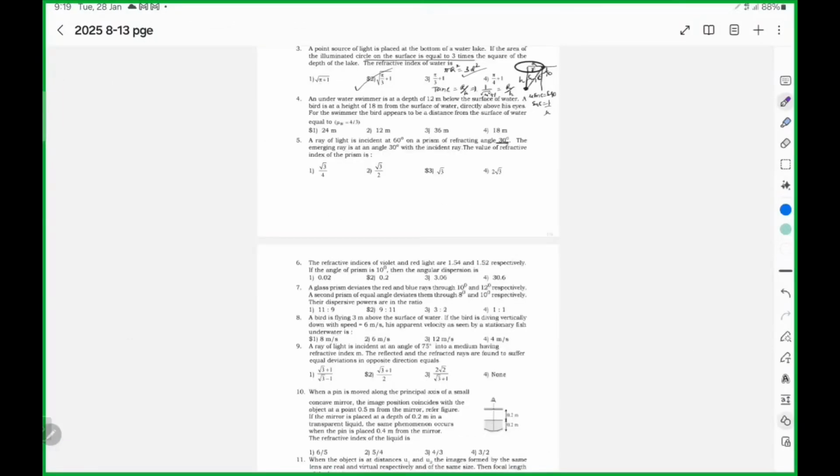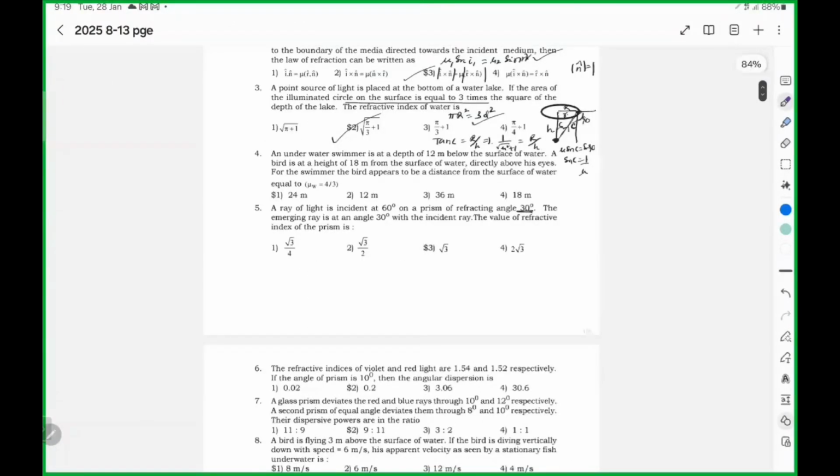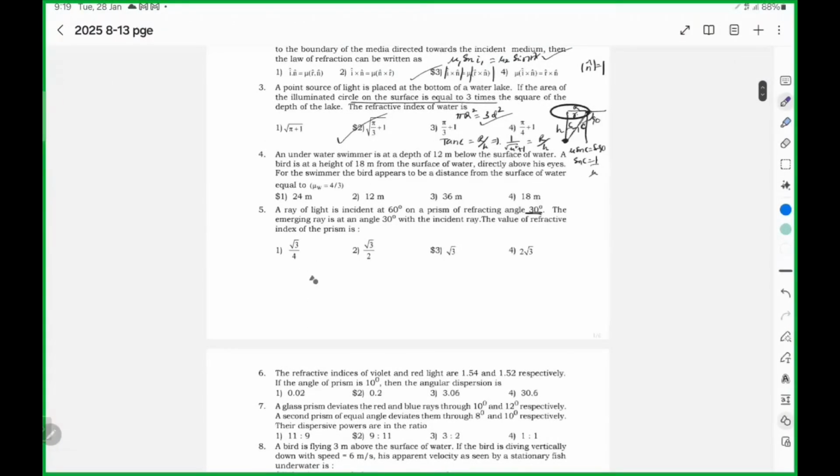So a ray of light is incident at an angle of 60 degrees on the prism. It is the angle made by the incident ray with the normal. It gets refracted and then further it gets refracted from the other surface normal.